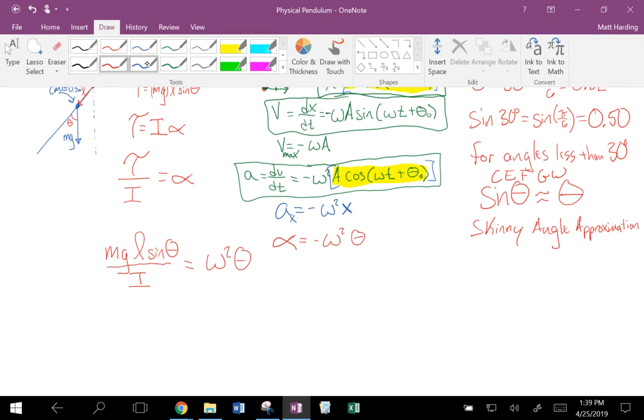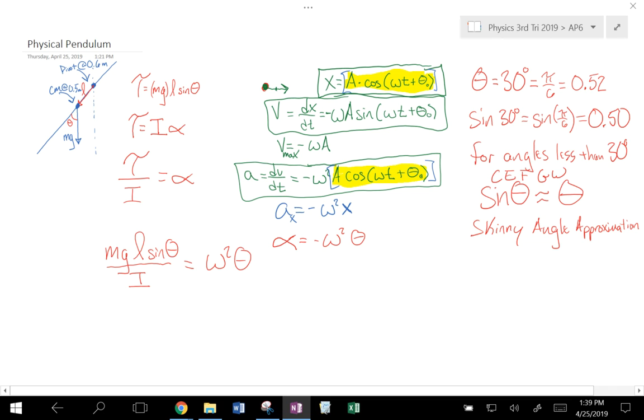And by the skinny angle approximation, theta and sine theta are pretty close together for small angles. So I'm going to go ahead and cancel those things out. mgL over I equals omega squared. So if I take the square root of both sides, square root of mgL over I.